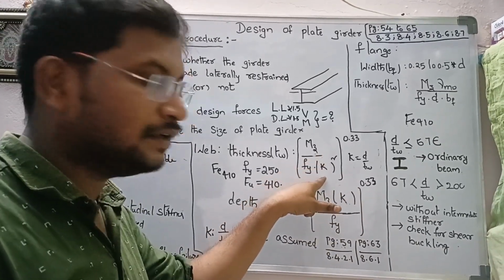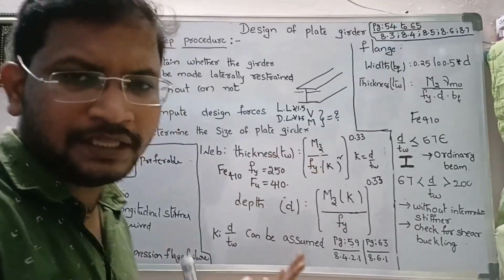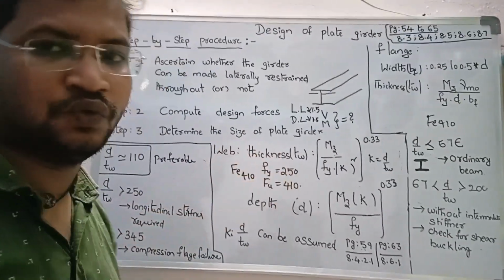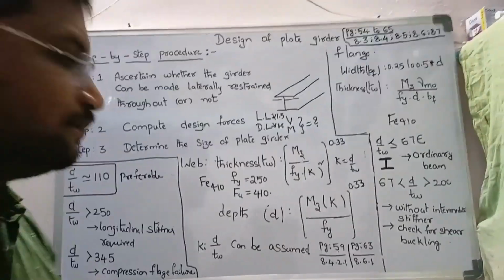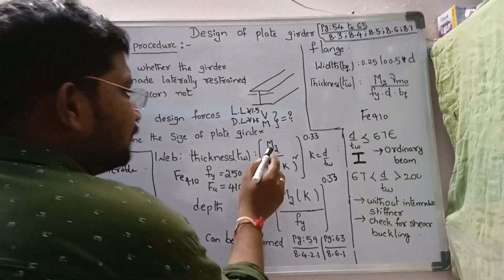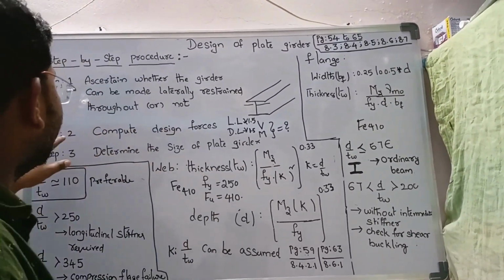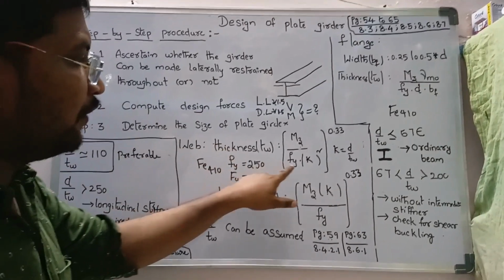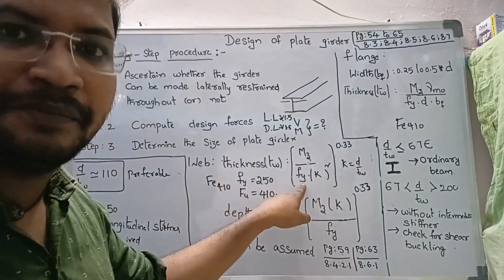K square in denominator, k in numerator. That is the only difference between these two formulas. Remaining all same. Here Mz is the moment determined in step 2. Fy is the yield strength of the steel.